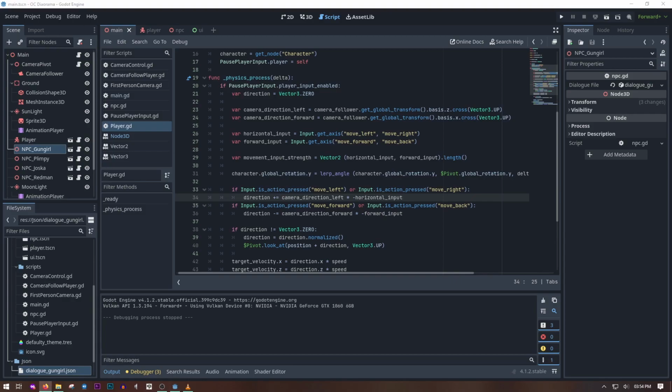Actually, it's not hard to Google. Let's do, what does plus equals mean? In addition assignment operator, plus equals is a shorthand way to add a value to a variable. The code x plus equals y is equivalent to x equals x plus y.